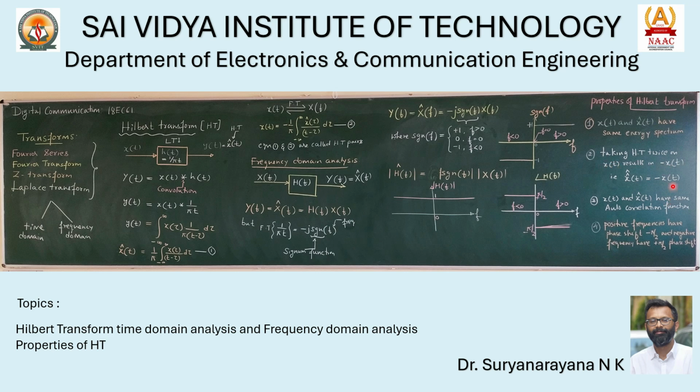If we take the Hilbert transform twice on x of t, it results in minus x of t, that means the Hilbert transform of x cap of t is equal to minus x of t. X of t and the Hilbert transform of x of t have the same autocorrelation function. Positive frequencies have a phase shift of minus pi by 2 and negative frequencies have a positive phase shift.